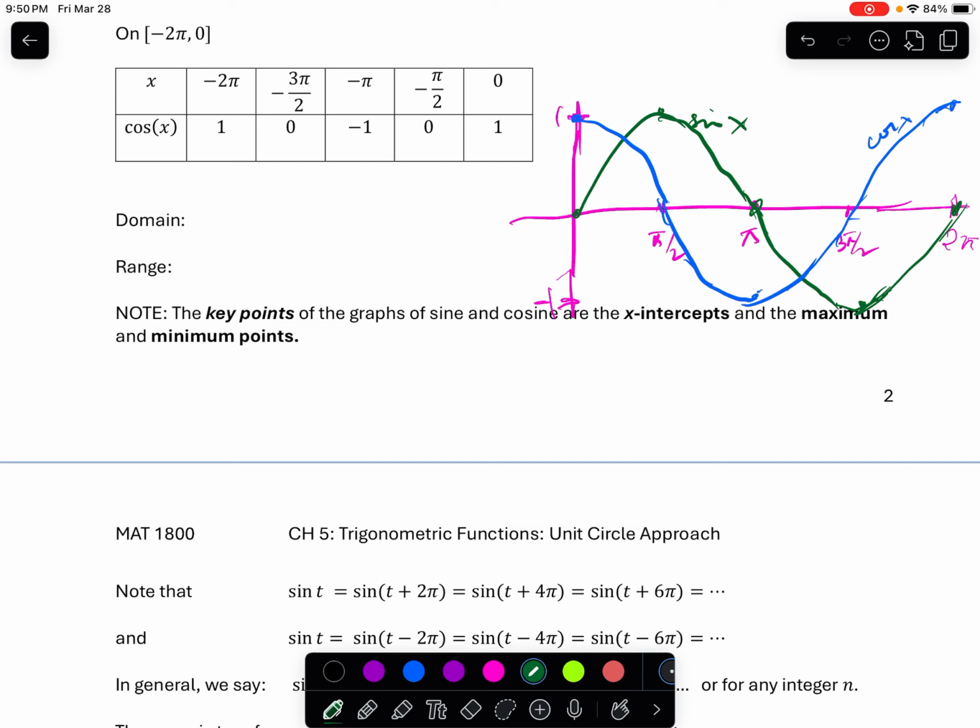So the domain here is again negative infinity to infinity, and the range is negative 1 to 1. So the domain of sine and cosine is negative infinity to infinity. The range is negative 1 to 1, including the endpoints. Okay, I'll stop here and let you try to practice these simple basic sine and cosine graphs.